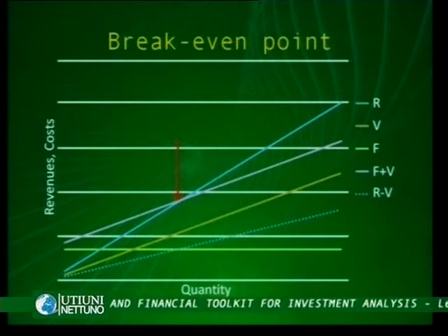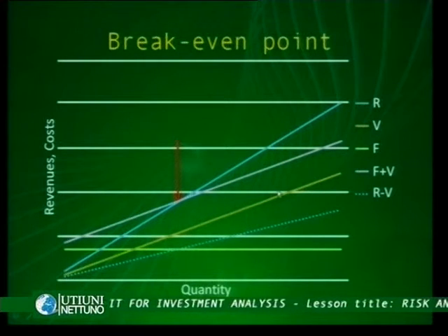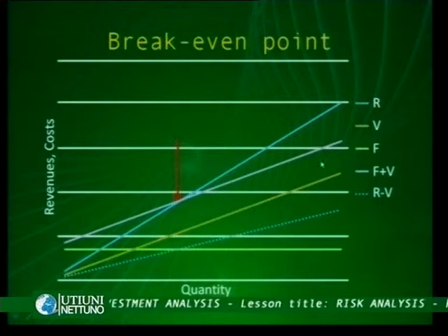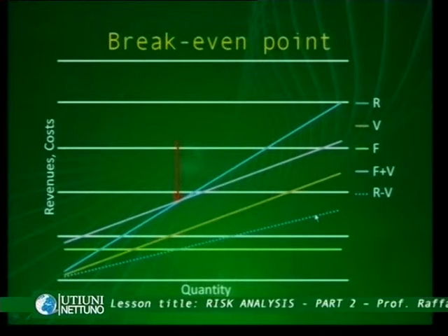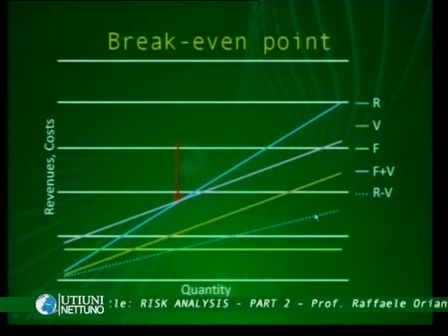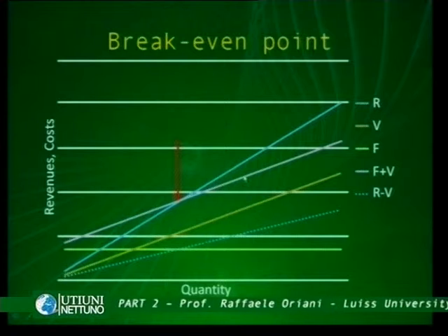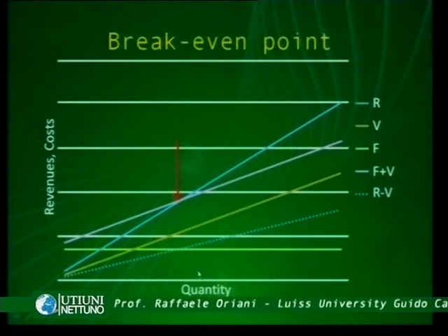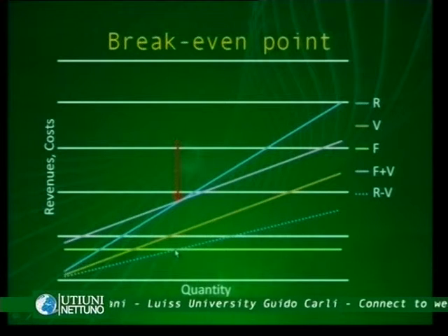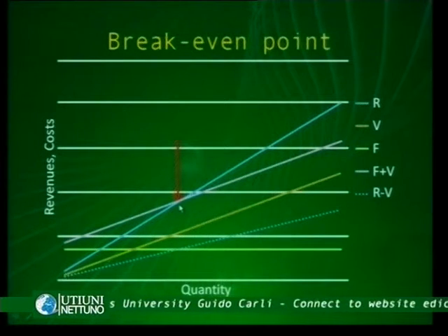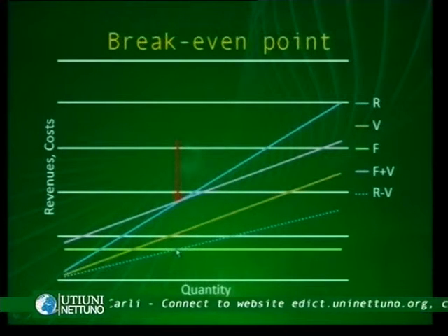This difference, that you can see is also the difference between the blue line of revenues and the yellow line of variable costs, is also defined as contribution margin. So this line says how much the revenues are contributing, for each level of quantity, to the coverage of fixed costs. So as we can see here in the graph, at the break-even point, the contribution margin is equal to the fixed cost.